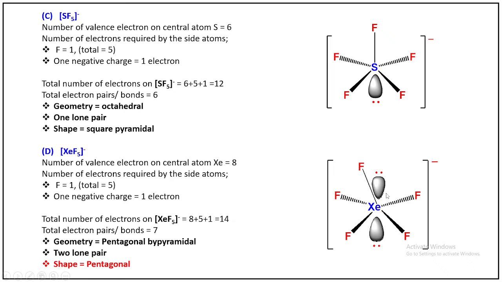If 2 lone pairs are there, imagine it in your head: one pentagon is there, with a bipyramid, one atom here and one atom here. If 2 lone pairs are there, these atoms are not there, so this is just a pentagon.